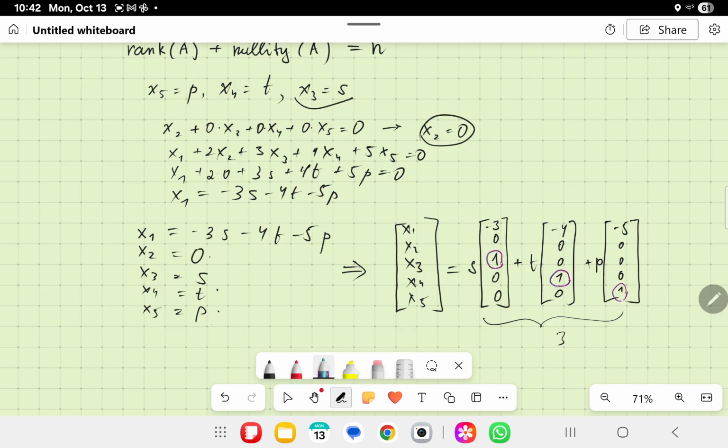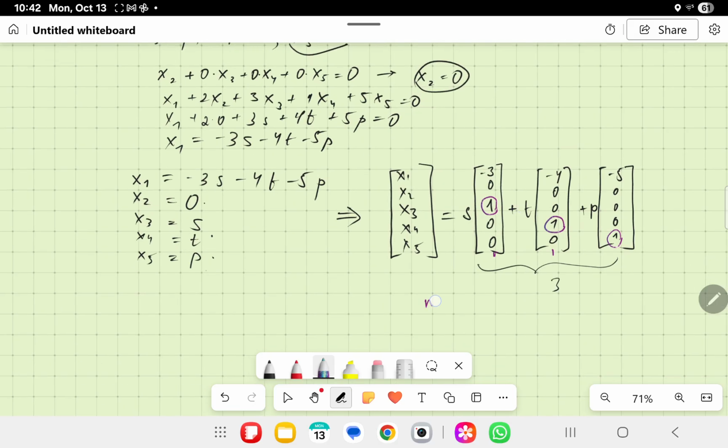You won't be able to express any of these vectors through the others just because of this, because we have a 1 and zeros in the other positions. So no matter what you multiply this vector and this one by, you won't be able to get this one, just because there are zeros over here. And that's going to happen when you solve it. So these 3 vectors are linearly independent, and the dimension is going to be equal to 3. So I'm going to write down nullity of A equals 3.